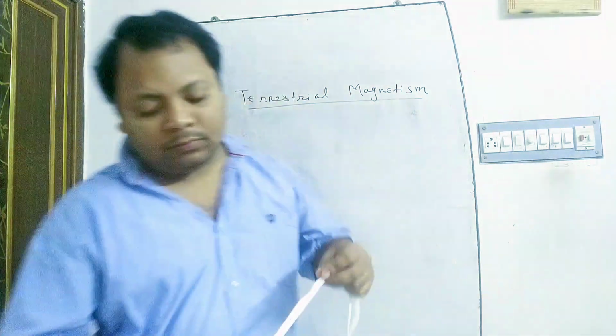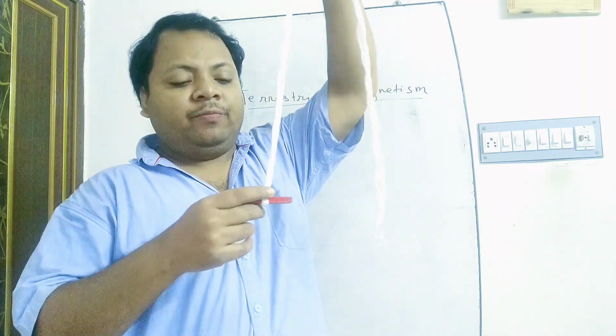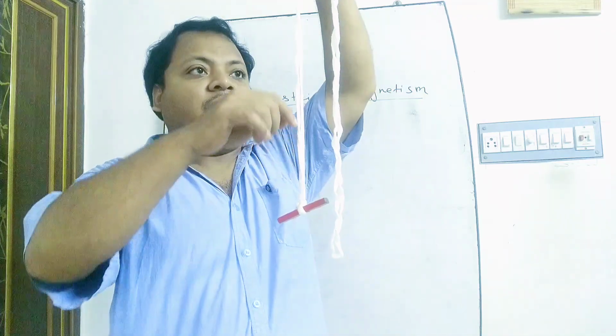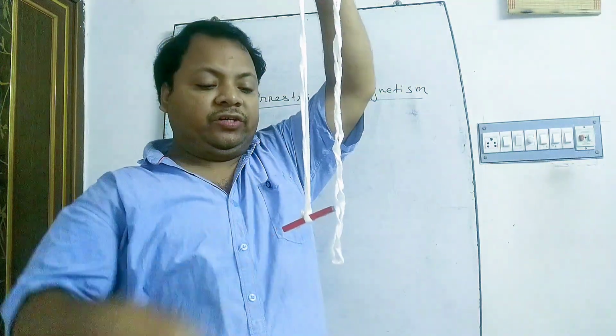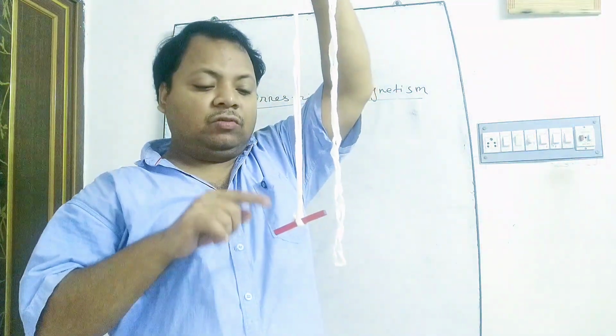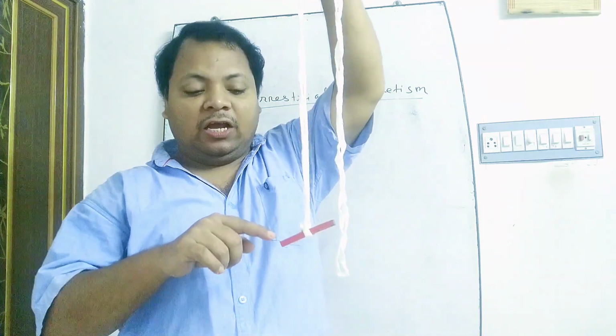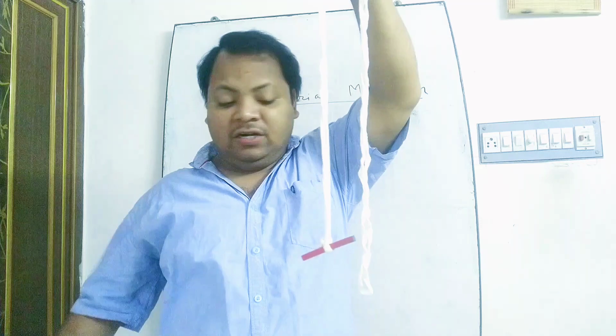Now I suspend this bar magnet by a vertical thread. The N pole always directs along a certain direction.